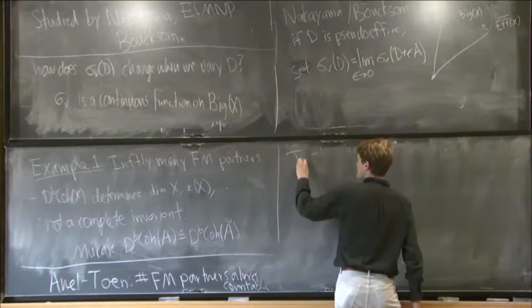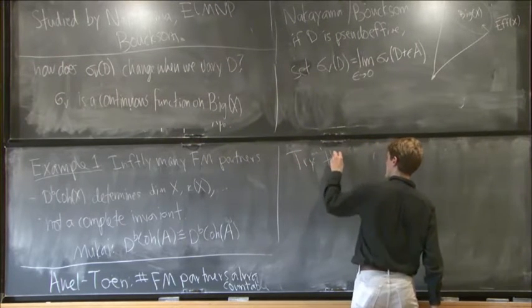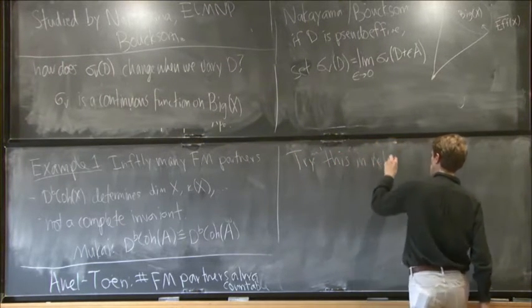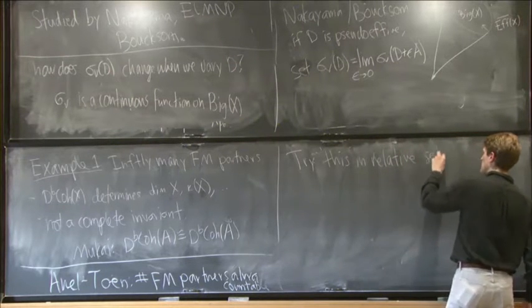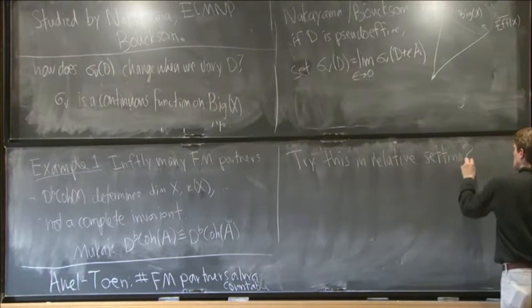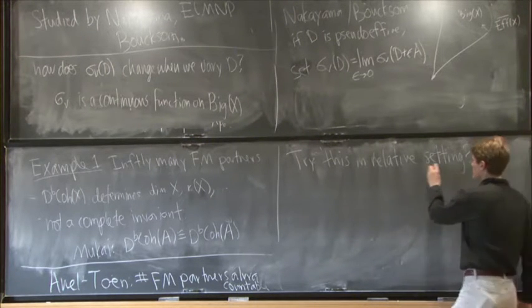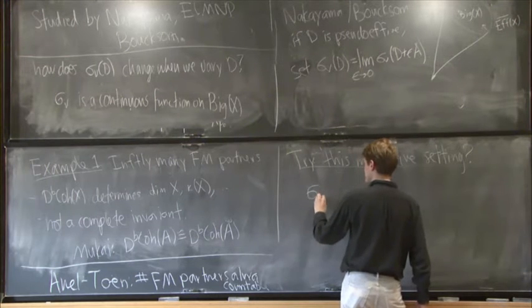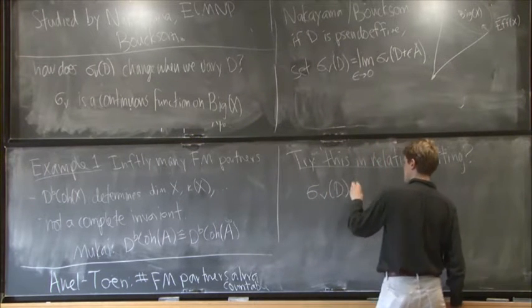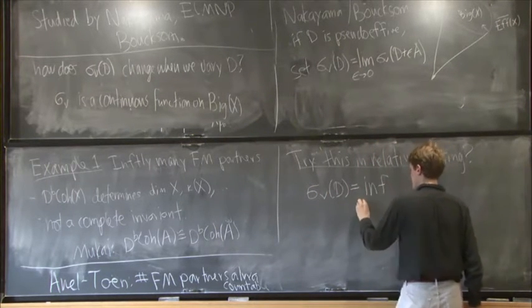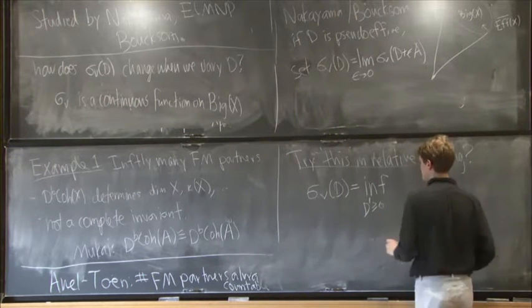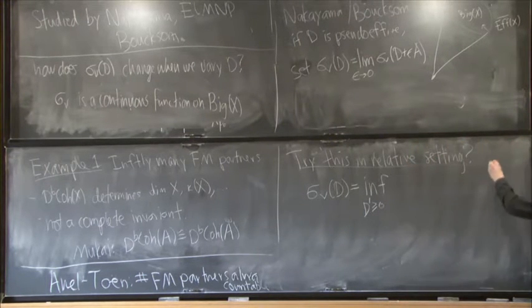So what if we try to do this in the relative setting? You should make the same definition. So sigma v of d is going to be the infimum over effective divisors. Sorry, I should say relative setting. I have a projective family X to S, and I'll call it pi.